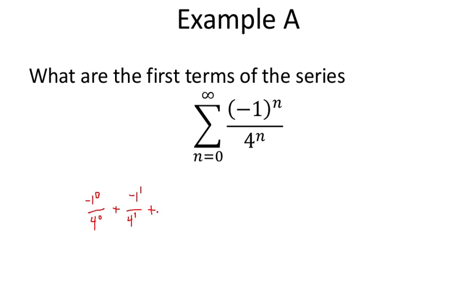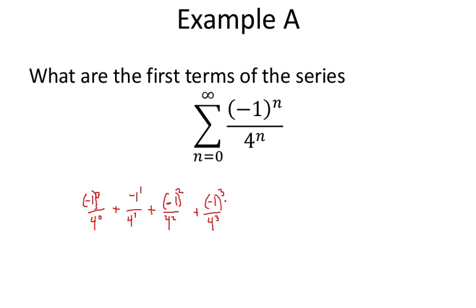Then we have -1 squared, probably should put parentheses on here because that's important, same for this one too, and that's going to be over 4 to the second. And now I'll do one more term: -1 to the third over 4 to the third.